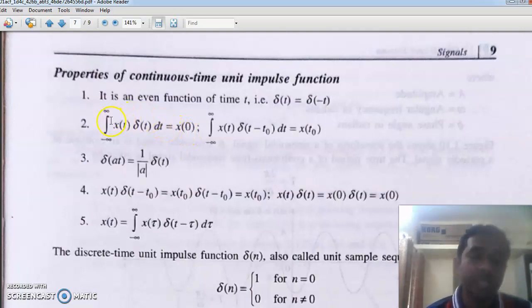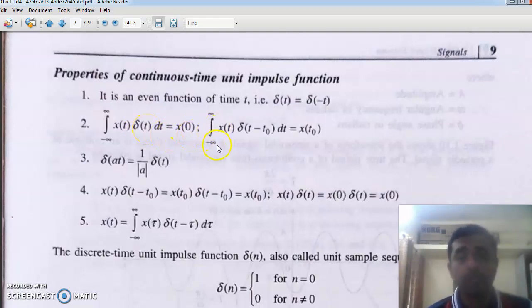Even though the signal is from minus infinity to plus infinity, since the delta function has a value only at t equal to 0, we only get the value at t equal to 0, that is x of 0. I hope this is clear.